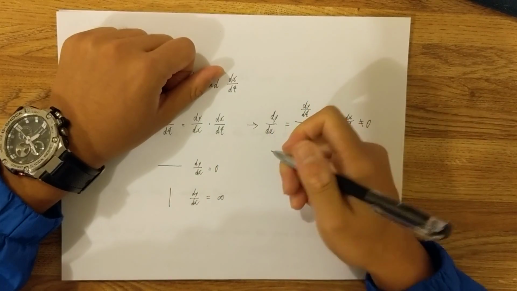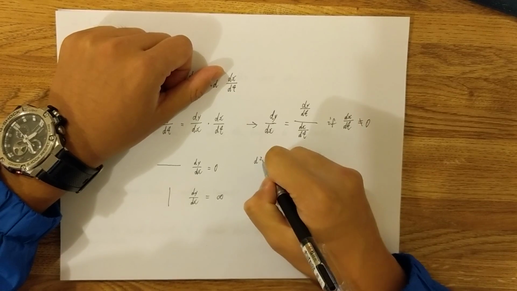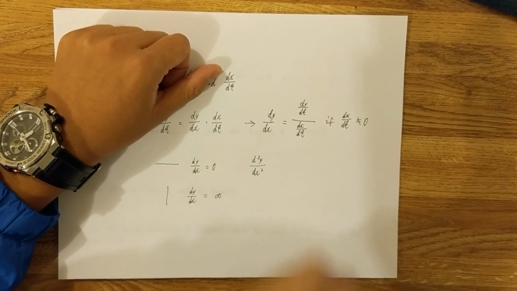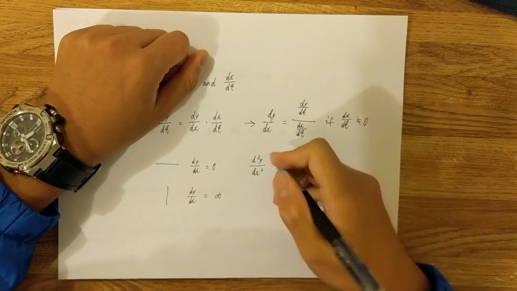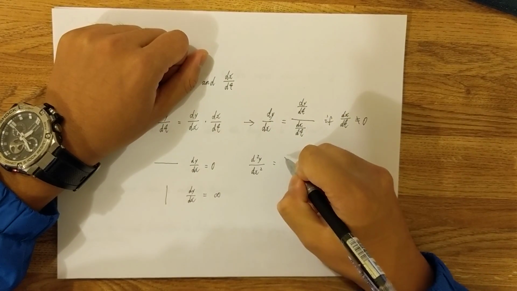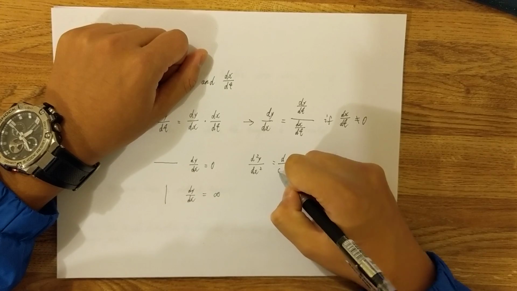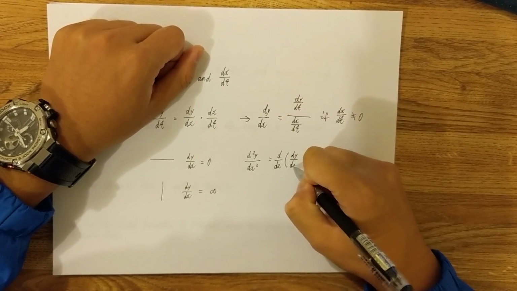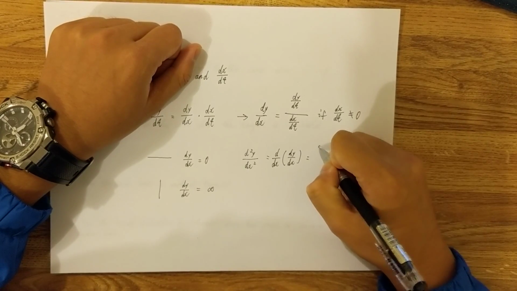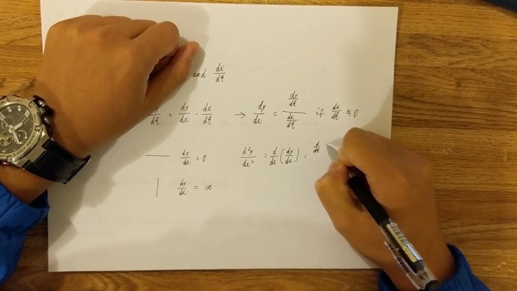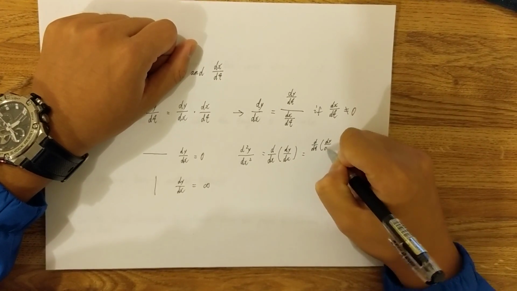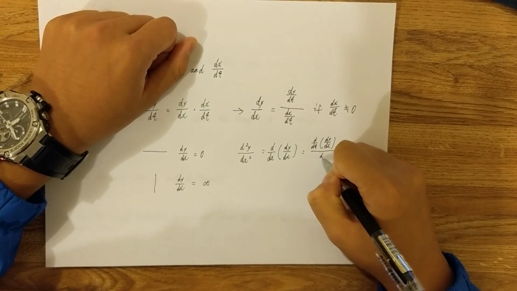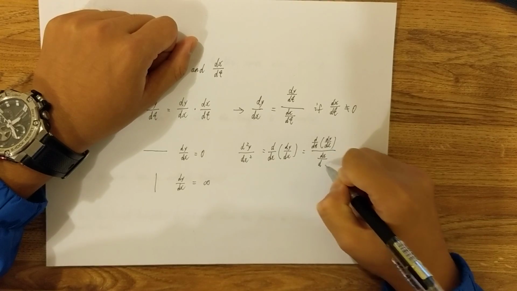So the second derivative, d squared y over dx squared, can also be obtained from dy/dx and dx/dt. So in this case we will have d/dx (dy/dx), which is also d/dt (dy/dx) over dx/dt.